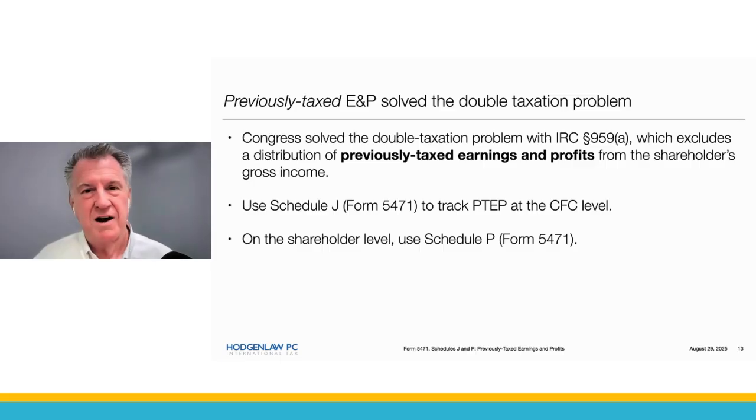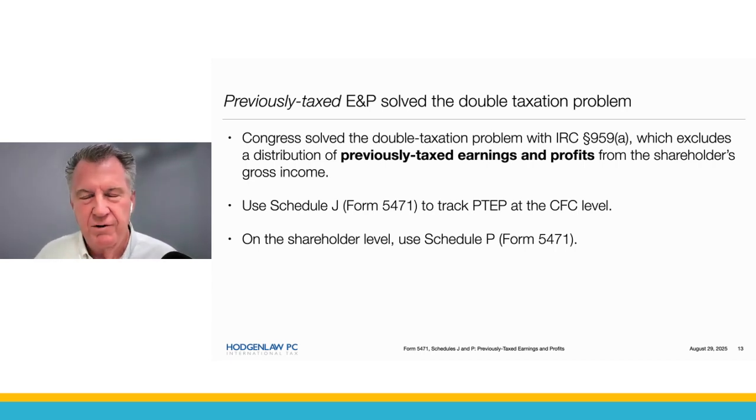Well, they fixed that this year, 2025, by adding back the downward attribution ban. So now we don't have it anymore. But then they had to add on Section 951B, which is just an interesting thing.